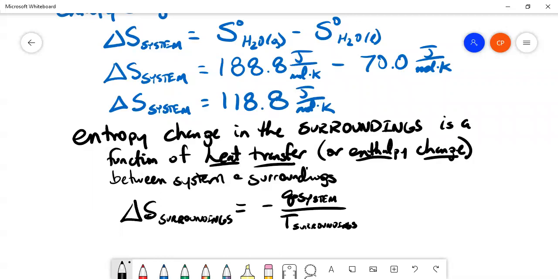That particular construction, by the way, is the place where joules per Kelvin comes from. Heat transfer at a given temperature is representative of entropy change in the surroundings.